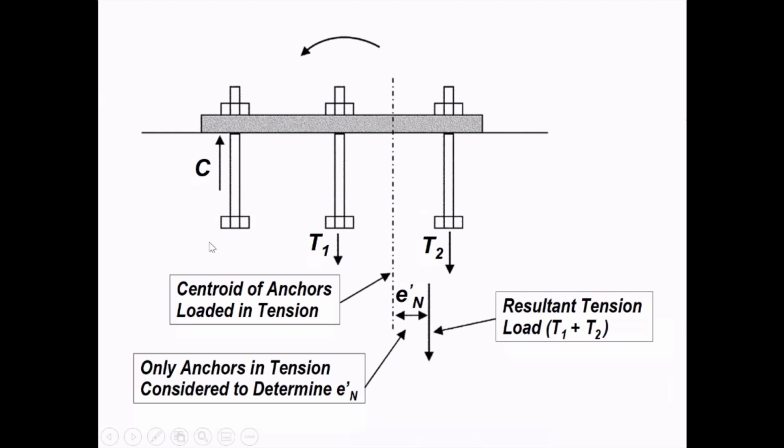In this group of anchors, the left-hand anchors are subject to compression, so they don't count. So now the resultant tension acts along this axis. The centroidal axis of the anchors subject to tension is here. So this is the eccentricity that will have to be used in calculating our eccentricity correction factor.